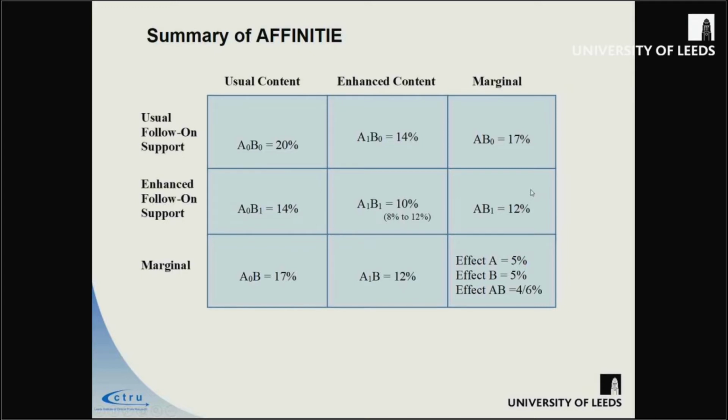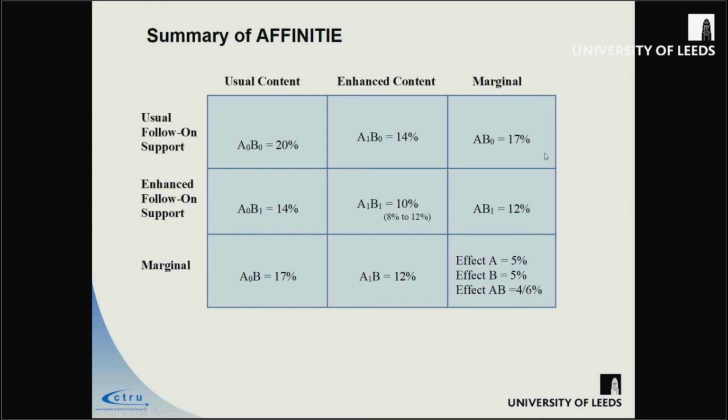So we had a discussion and we decided that plausibly this value would be somewhere between 8 and 12%, which is a small antagonistic interaction. And that means that the general way that we do sample size calculations for factorial trials, which is to assume no interaction, wasn't necessarily the reasonable thing to do.